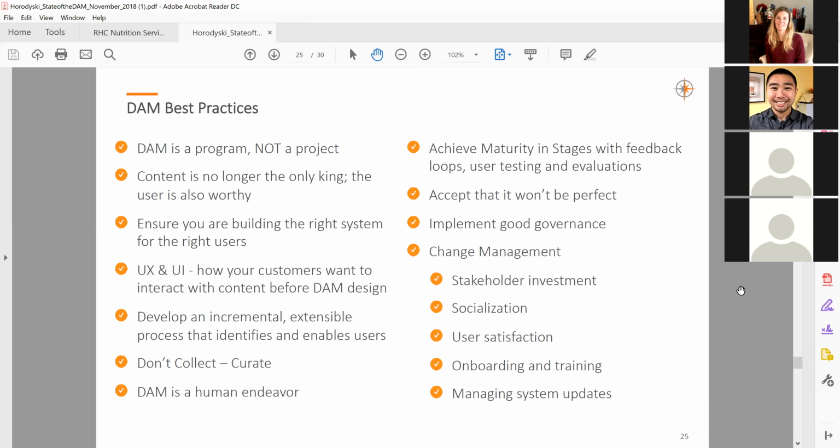The next one is an interesting one because I'm trying to get the word curate back in our language as much as possible. And that is just don't collect, curate. Collecting is easy. You get things, you put them in a place, and you make them available. Curation is a little bit more than that, and I like curation because it means there's a little bit more work involved, that we can take content and put it into different places and make it more meaningful to certain people.